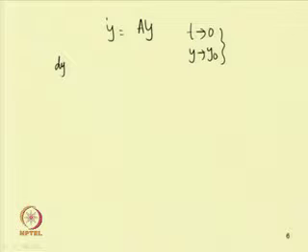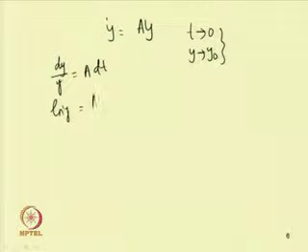We can write dy by dt equal to A y, or dy by y equal to A dt. Integrating, we have ln y equal to A t, or y equal to e to the power A t plus a constant.